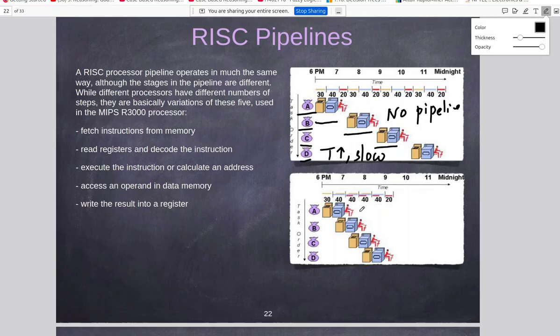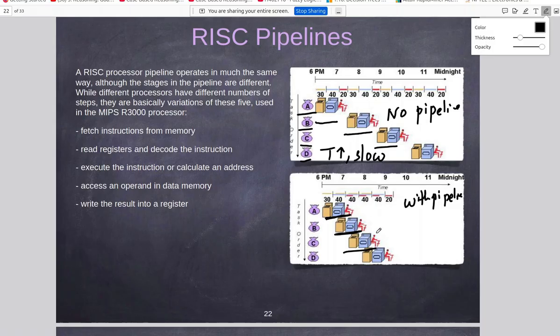When you take the bottom diagram, this is with pipeline. With pipeline, what is going to happen? While A is in execution, B is in the second stage, and C is in the third stage. I mean it's overlapping. You can see this guy is overlapping. He is doing multitasking at the same time.